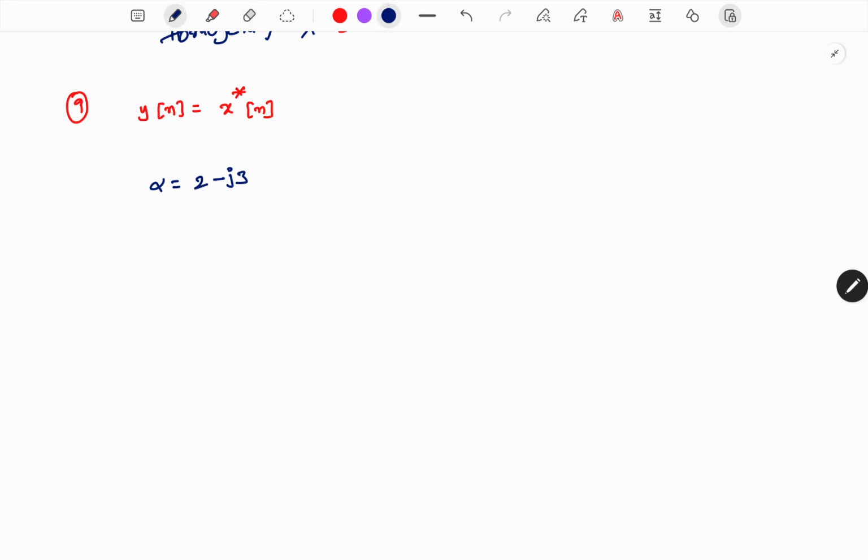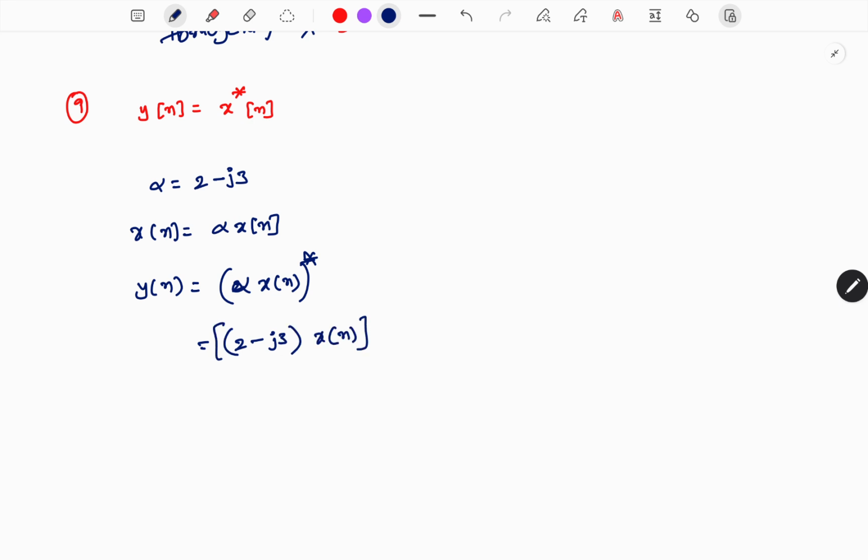Take alpha as this one. Now replace x of n with alpha into x of n. Then y of n becomes alpha into x of n, whole conjugate. Then 2 minus j3 into x of n, complex conjugate. Now the conjugate of 2 minus j3 becomes 2 plus j3, into the complex conjugate of x of n.